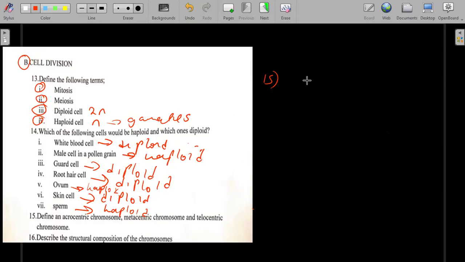We have to define what acrocentric chromosomes are. So what is an acrocentric chromosome?